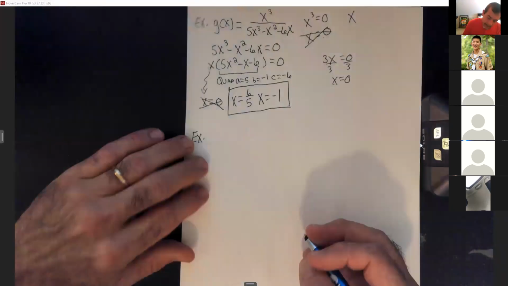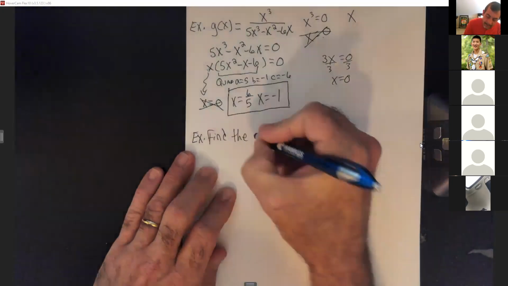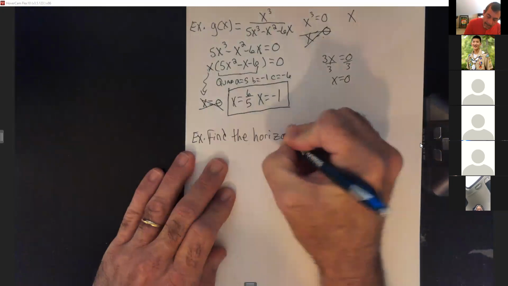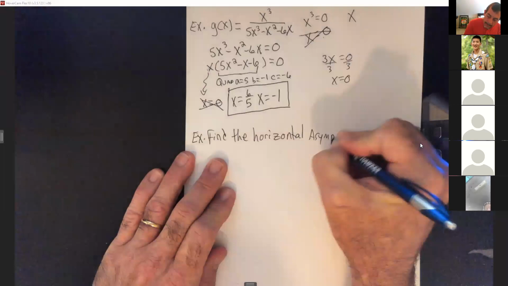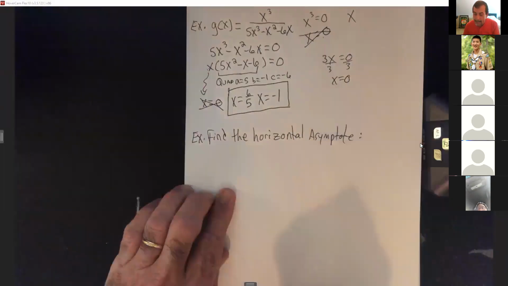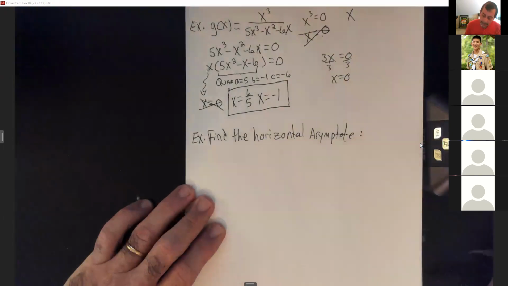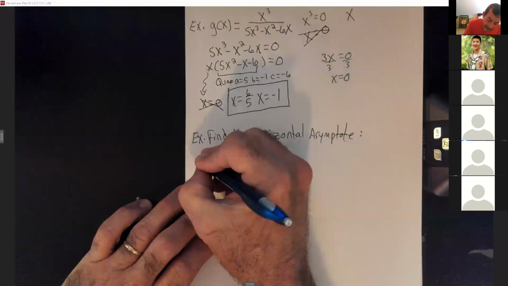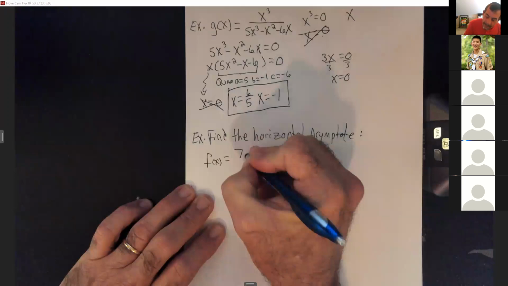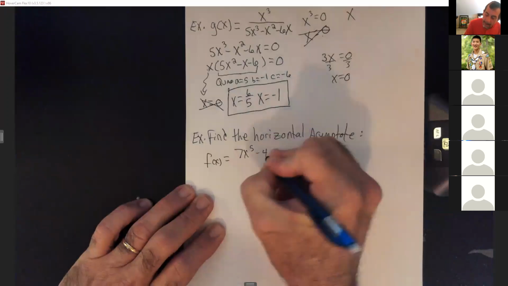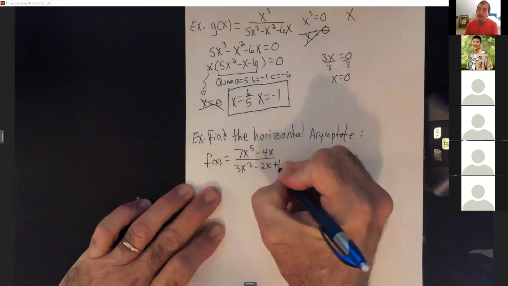All right, so let's do some more practice on finding the horizontal asymptote. So horizontals, they can be the same, the top can be greater, or the bottom can be greater. For my first one, I have f of x equals 7x to the 5th minus 4x over 3x squared minus 2x plus 1.